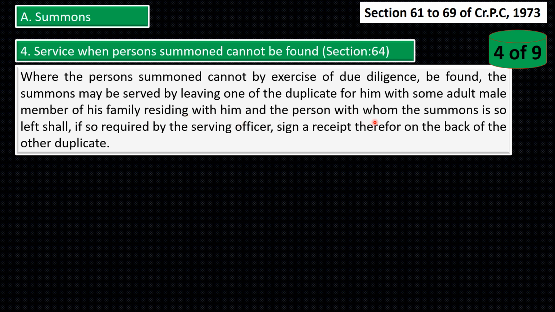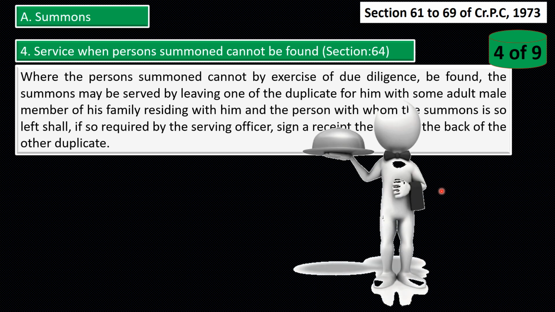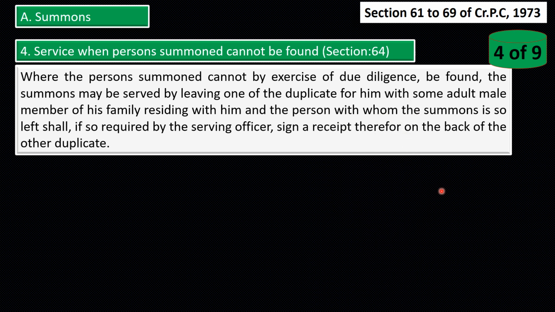And the person with whom the summons is so left shall, if so required by the serving officer, sign a receipt thereof on the back of the other duplicate, as it has been served to the original one. This means that the servant or the cook of the house is not allowed. They are not to be considered as family members.